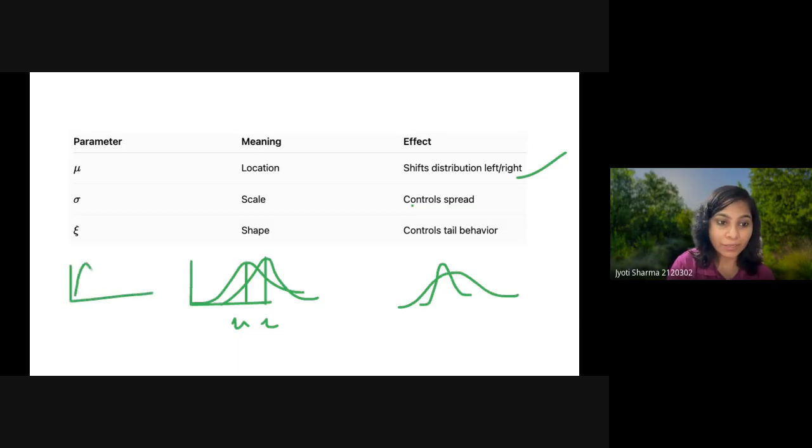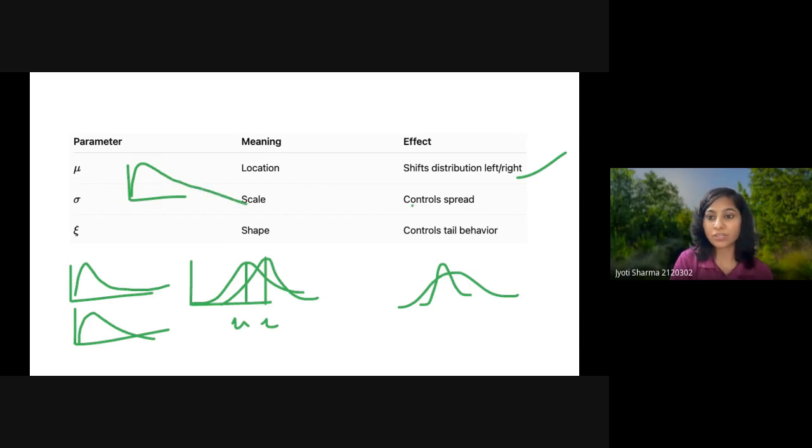Your tail can drop off very exponentially, or it can initially go slowly and then drop exponentially. So this is about the probability of your extreme values. Low values have high probability, and high values have low probability, and from here onwards the probability decreases exponentially. This is how it tells about your tail behavior.